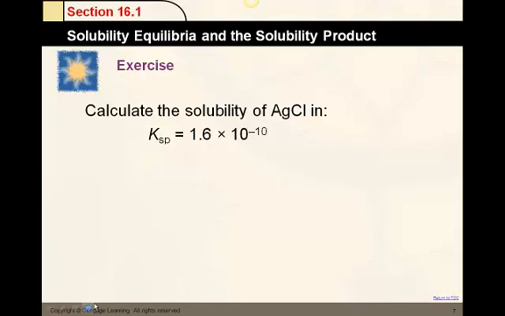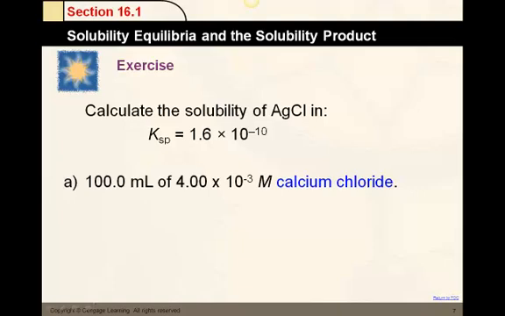Alright, now we want to calculate the solubility of AgCl in 100 milliliters of 4 times 10 to the negative 3 molar calcium chloride. So how would that work? Well, we know that silver chloride, AgCl, has the concentration of silver ions and chloride ions to be 1.3 times 10 to the negative 5 molar, which is what I found in an earlier slide.